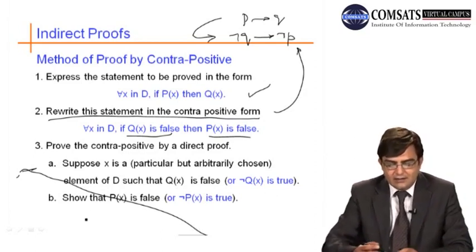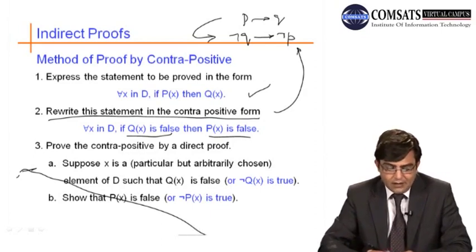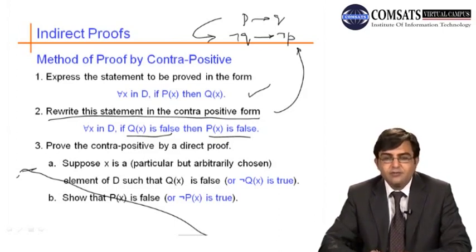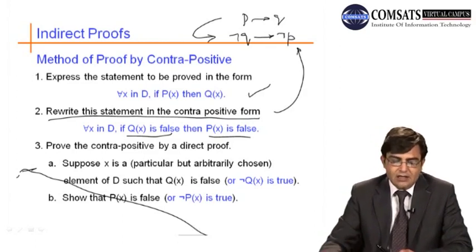Then by following the sequence of steps, we shall prove that p of x is false, or that not p of x is true. These two are the same thing. This is called the method of proof by contraposition or the contrapositive method.